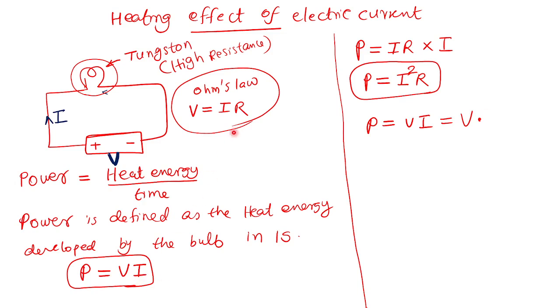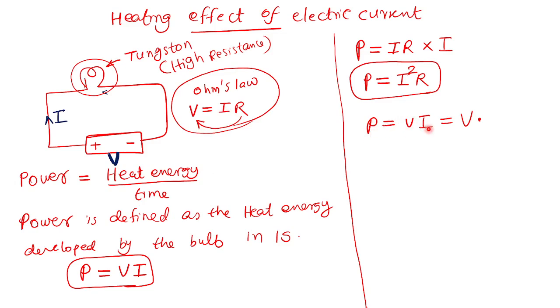What is I? Look at the Ohm's law. What is I? Can I write I as V by R? Understood? Is that true? Yes. So this I can be written as V by R. So look at the formula of power.